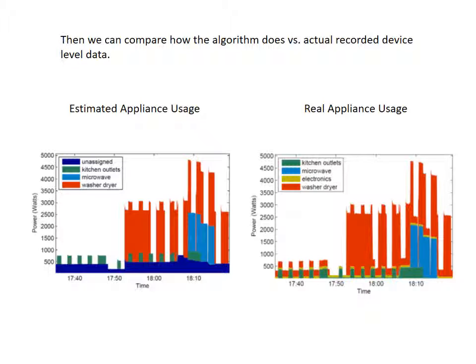So there's a significant part of the bottom of the left figure that's unassigned, which means we don't have an idea what's going on there. But we do have a better idea of, for example, when kitchen outlets are used, and when the washer dryer is used, and when the microwave is used. What's a little harder to do is to understand electronics. But this is a pretty accurate estimation of actual appliance usage. The left and right figures here match up pretty well.